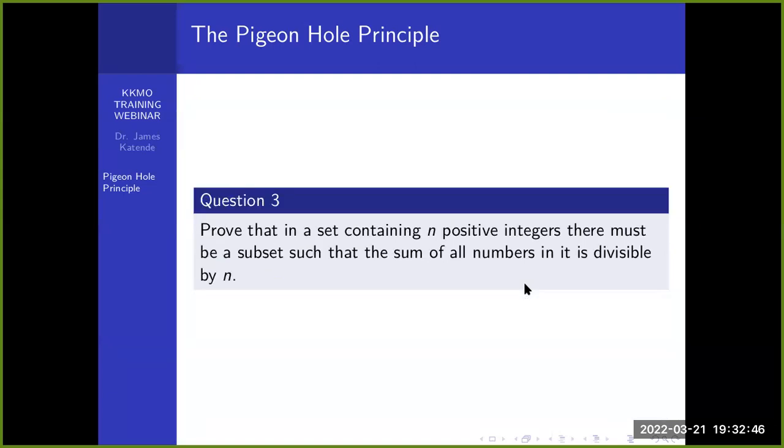So the third question says the following. This one says that if you have a set containing n positive integers, there must be a subset of this set such that the sum of all the numbers is divisible by n.